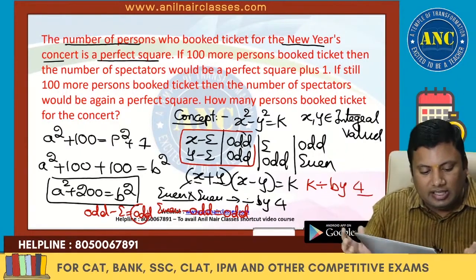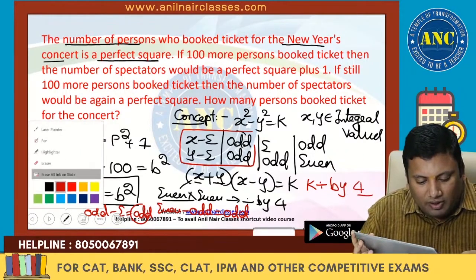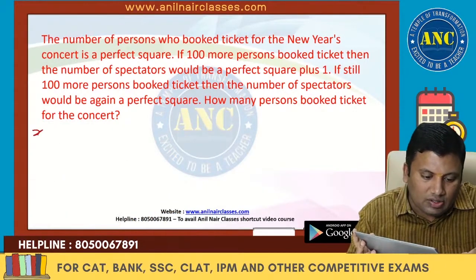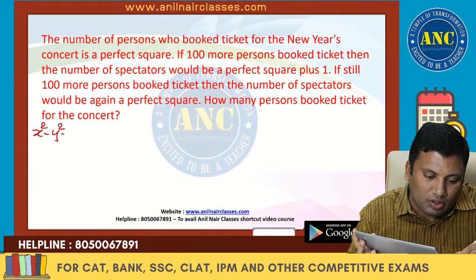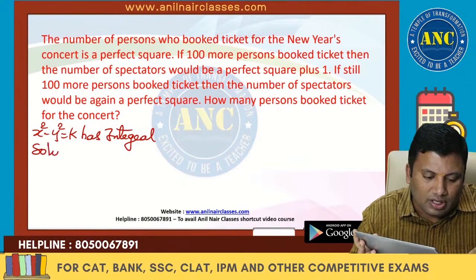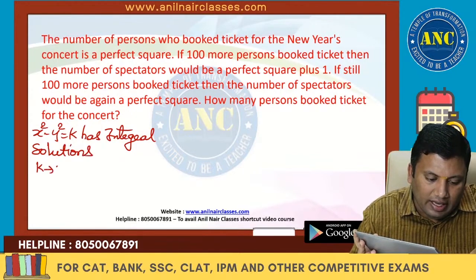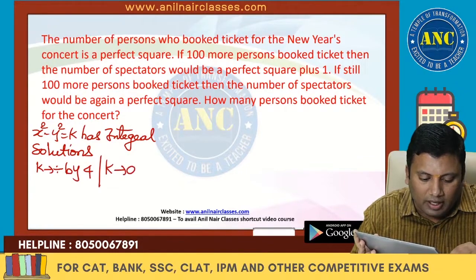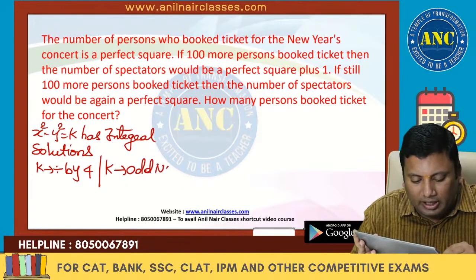So first we write down that point: x square minus y square equals k has integral solutions only if k is divisible by 4 or k is an odd number. This is the first important conclusion.